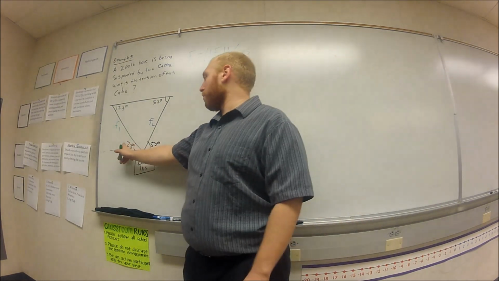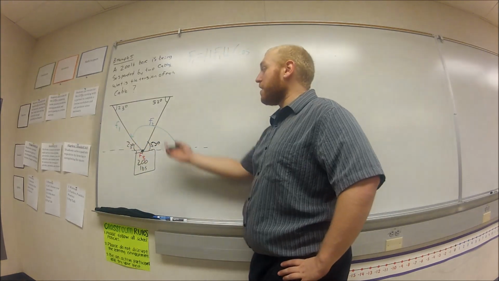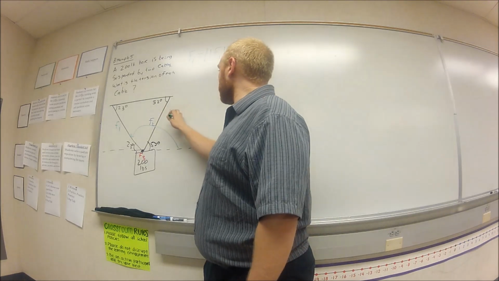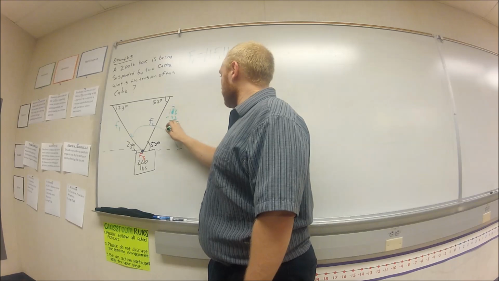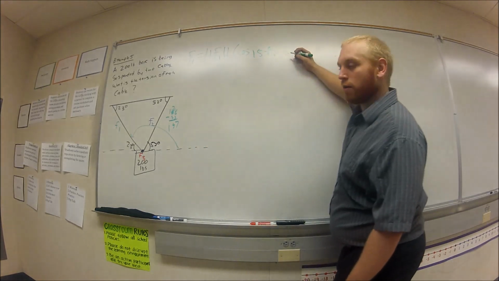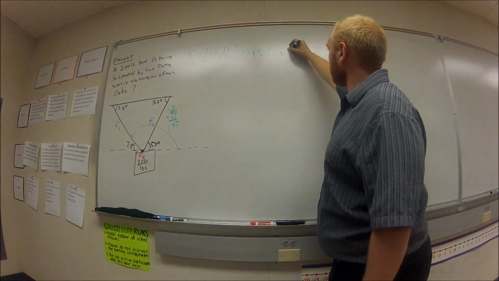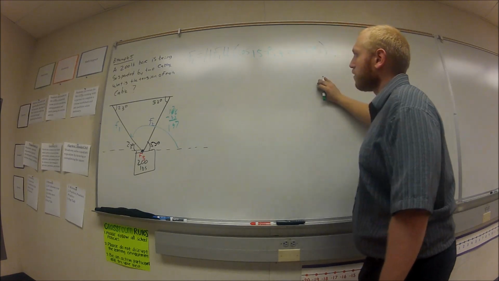Well, the direction angle, remember, is not 23, it's going to be 180 minus 23, which is 157. So 157 degrees i plus the sine of 157 degrees j.